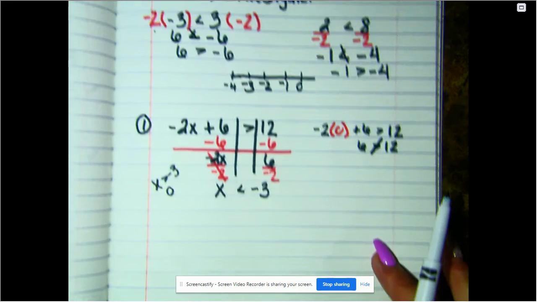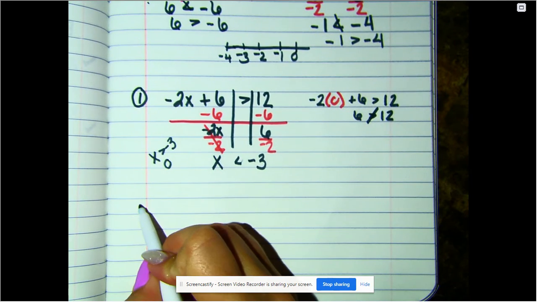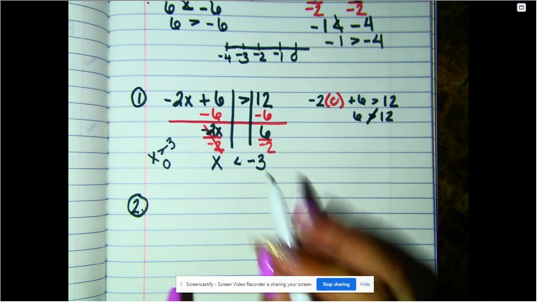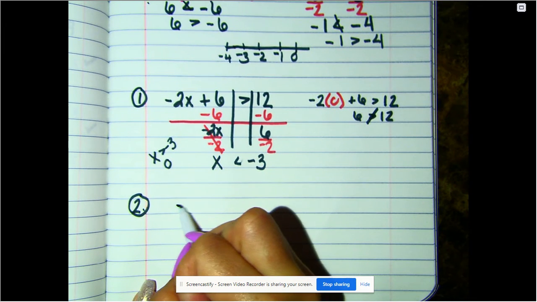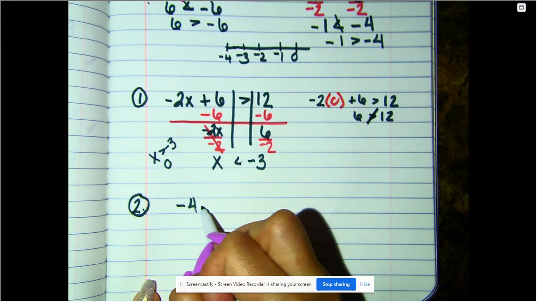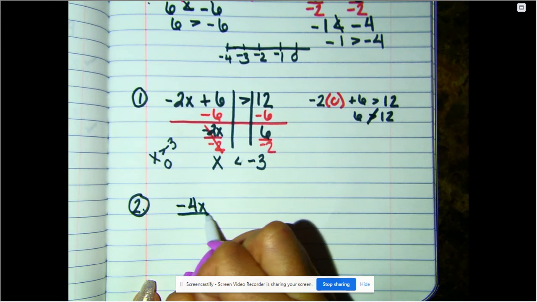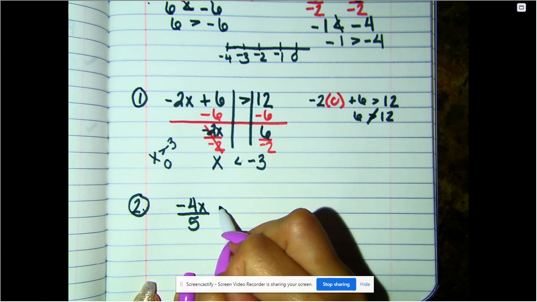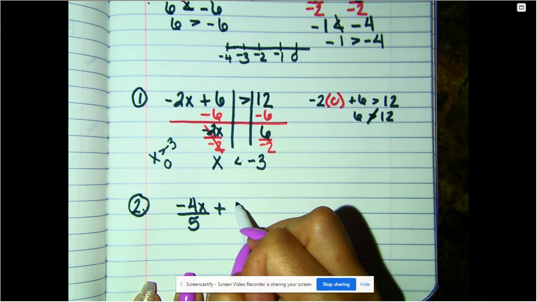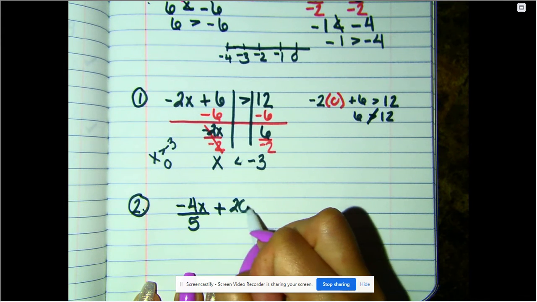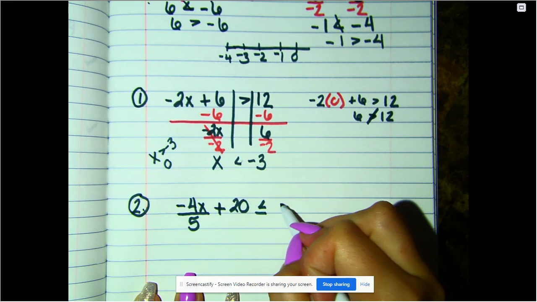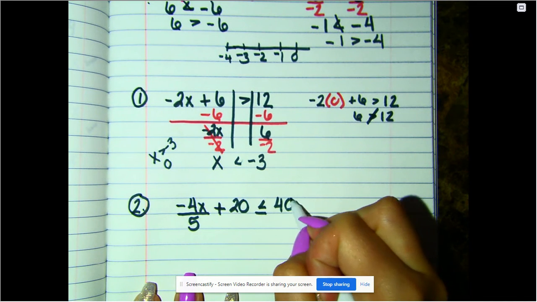Okay, let's do one more whenever we are needing to undo a two-step problem with division. So if I have -4x divided by 5 plus 20 is less than or equal to 40.